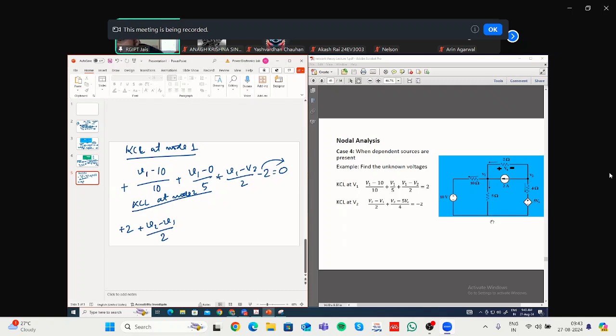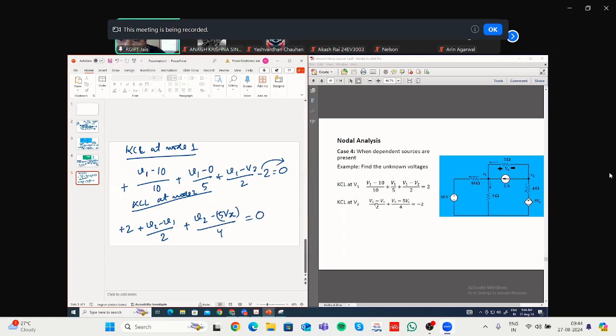But this is at 0, this is at ground, but there is a voltage source. We don't know its exact value, but this is a dependent voltage source. So what will be the current value? Plus sign, because we consider V2 to be the greatest: V2 minus 5Vx, this is the dependent voltage source, divided by 4, that will be equal to 0.